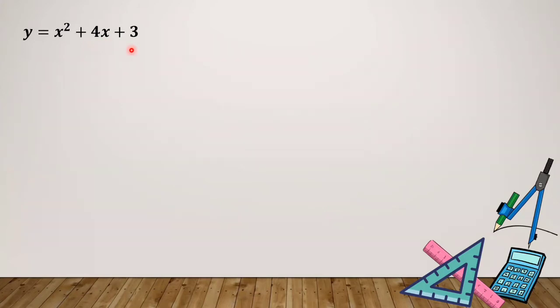So in that equation, our quadratic term is x squared, and the linear term is 4x, and the constant term is positive 3.